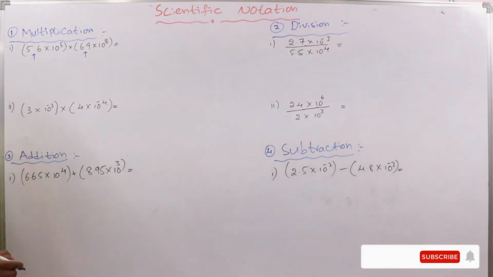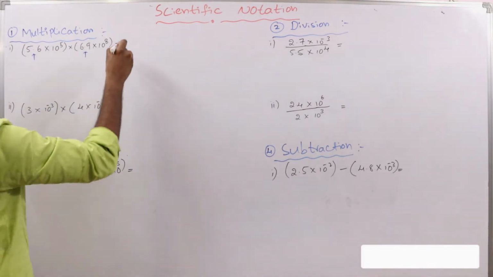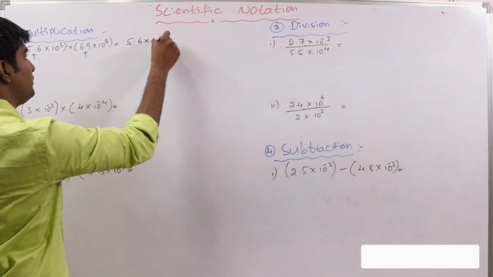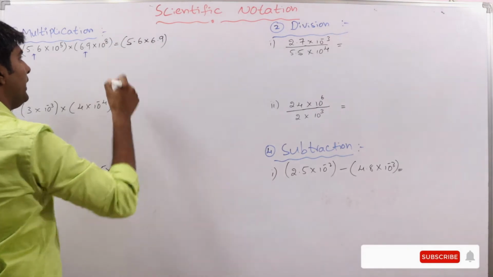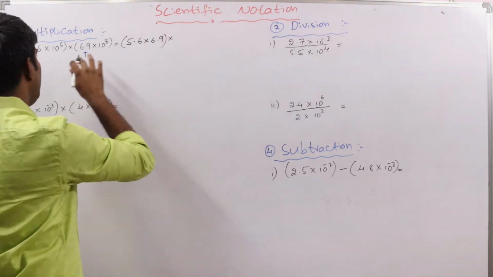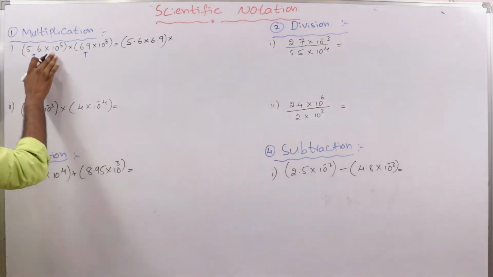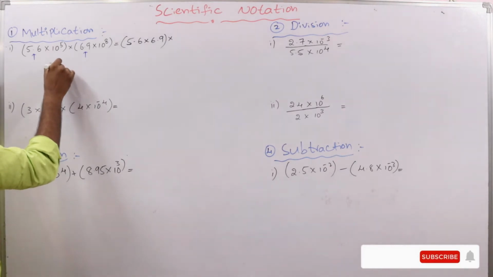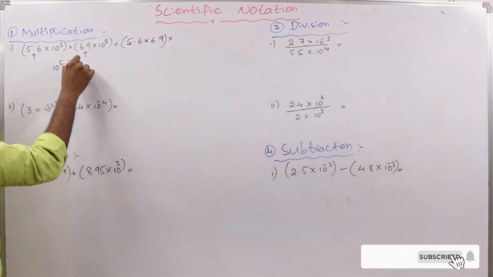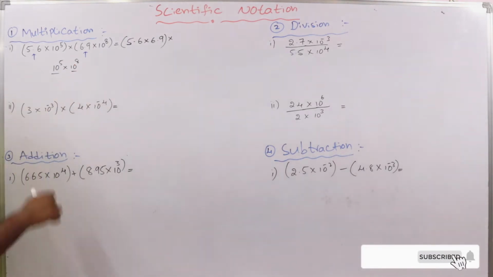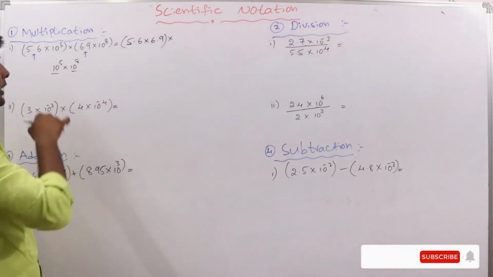First, write down these two numbers as 5.6 into 6.9. Next, here we have 10 power 5 and here we have 10 power 8. If we write these two together, the bases are equal, so we can add the exponents.